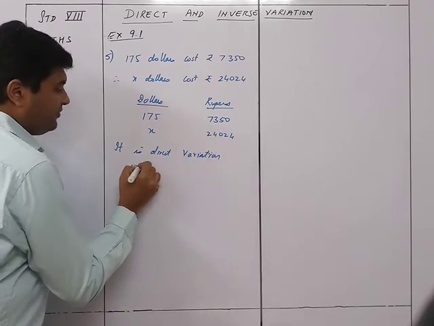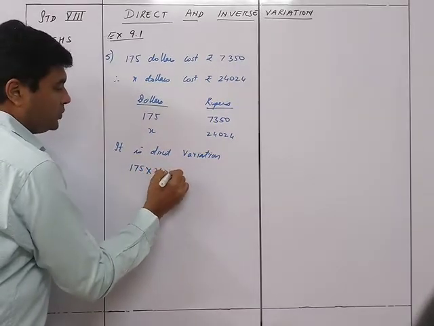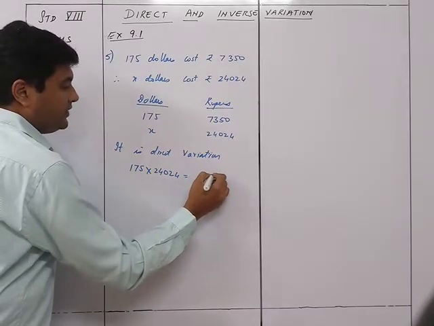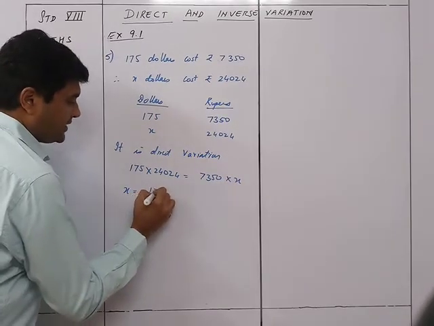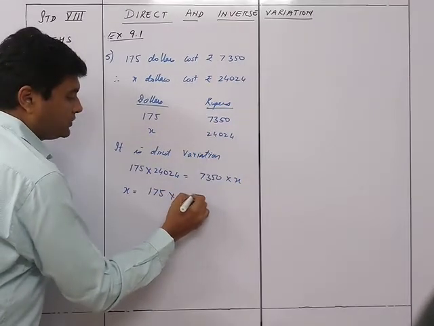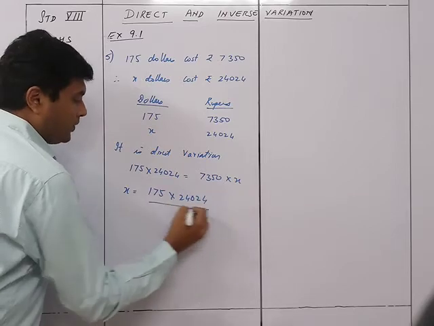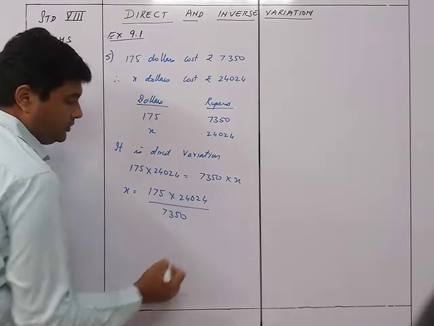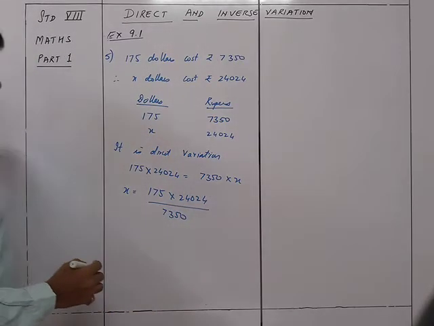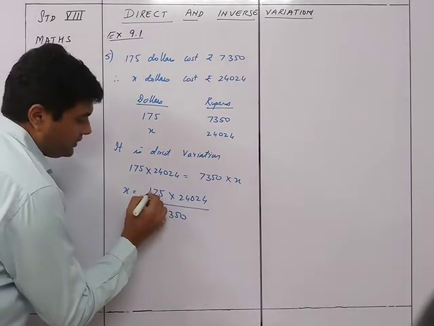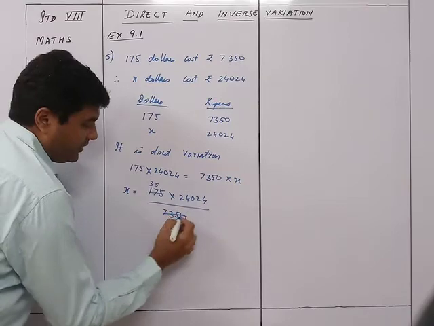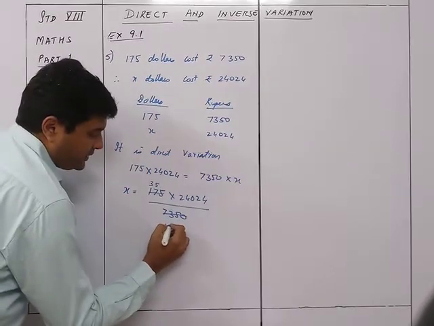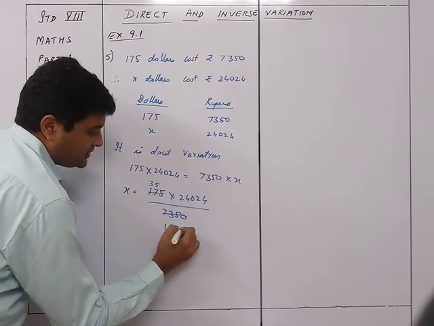Therefore, 175 into 24024 is equal to 7350 into X. So X is equal to 175 into 24024 upon 7350. So we can divide it by 5. So 5 3s are 15 and 35. 5 1s are 5, 23 and 4s are 35, 7s are this way.